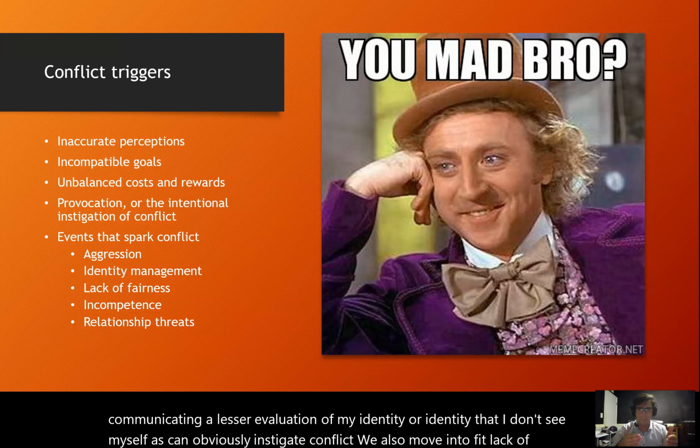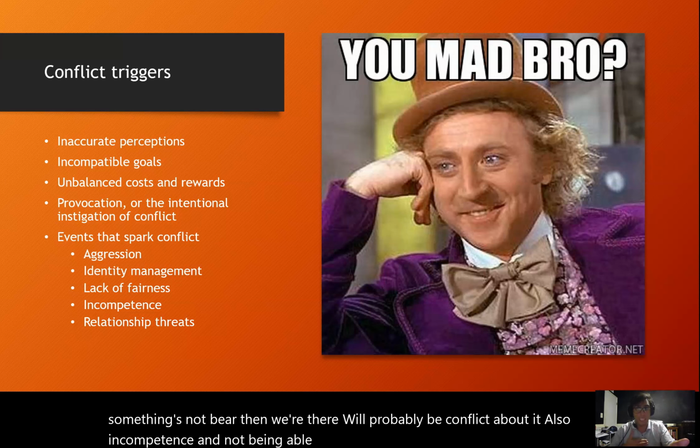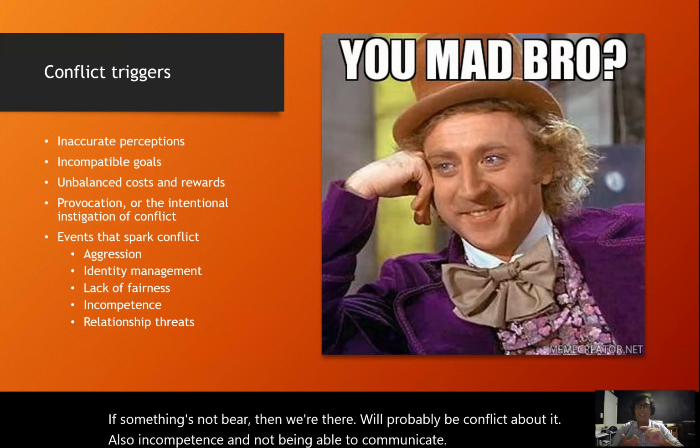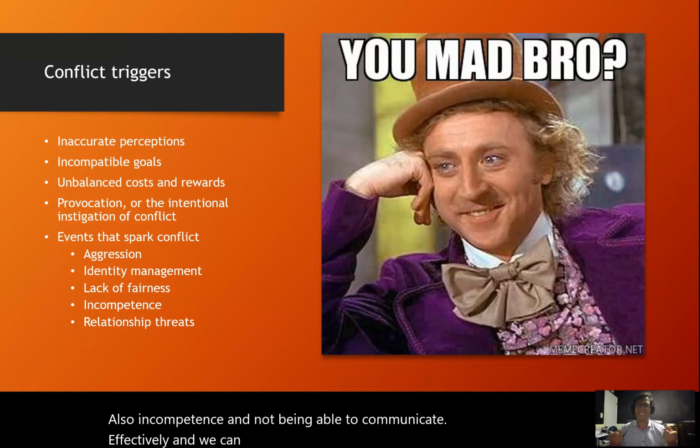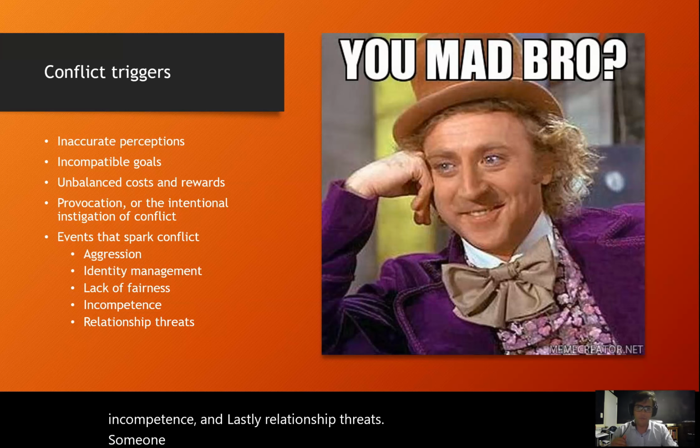If something's not fair, then there will probably be conflict about it. Also, incompetence and not being able to communicate effectively, and we can end up creating escalatory cycles due to communication incompetence. And lastly, relationship threats. Someone cheats, that's going to spark conflict.